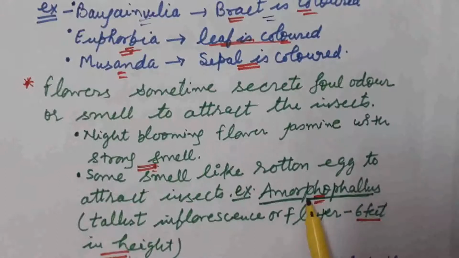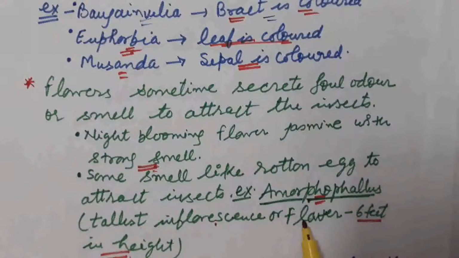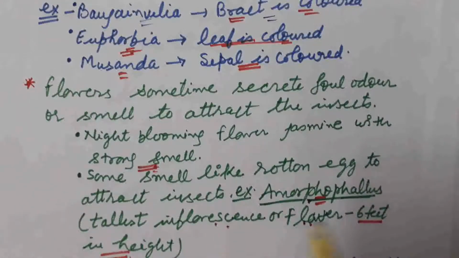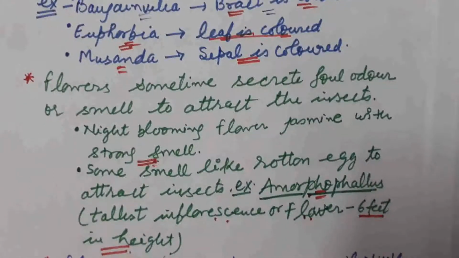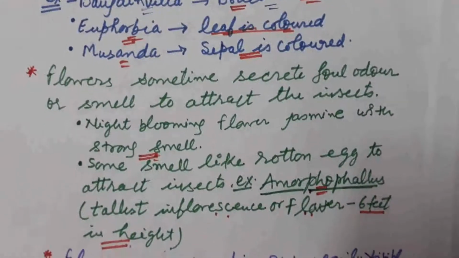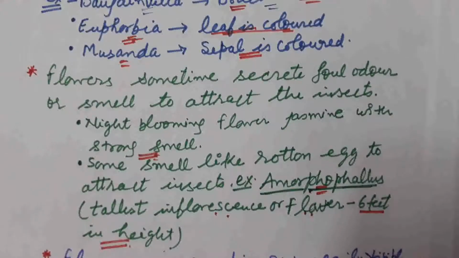In case of Amorphophallus, which possesses the tallest inflorescence, the flowers are smaller. They join together in the form of a cluster, forming the tallest inflorescence, about 6 feet in height.